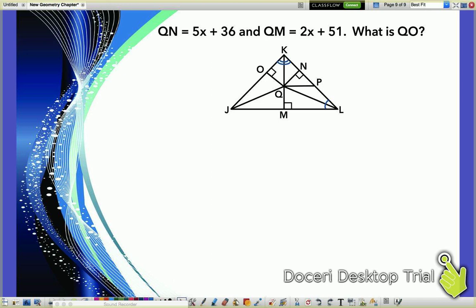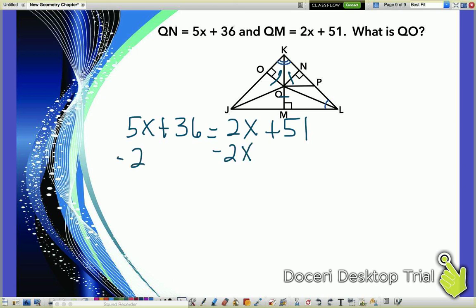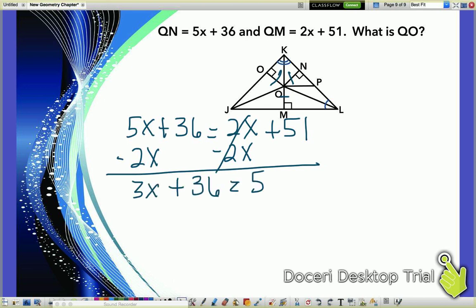So I know that QN, QM, and QO are all the same. So again, we're going to start by setting them equal to each other. That's an equal. Subtract 36.